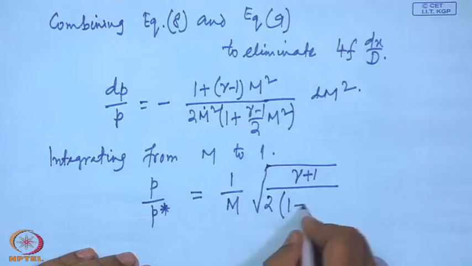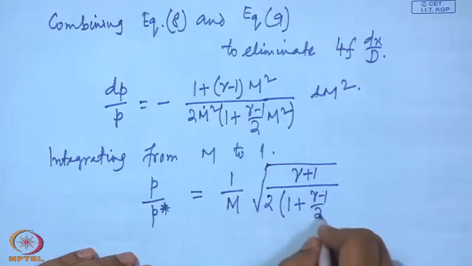...is 2 into 1 plus gamma minus 1 by 2 m square.